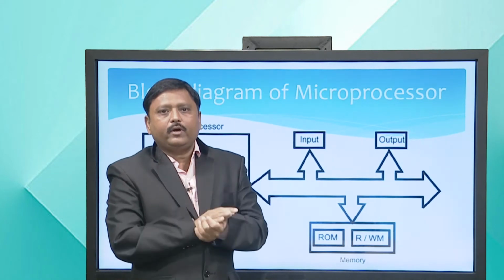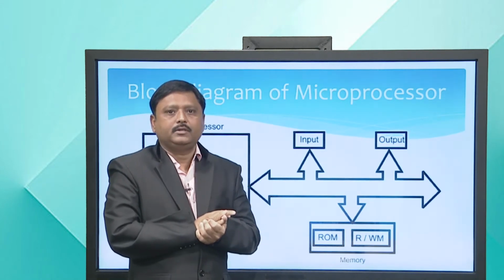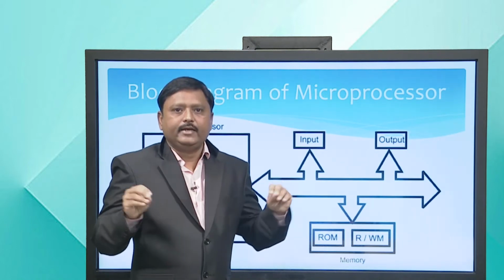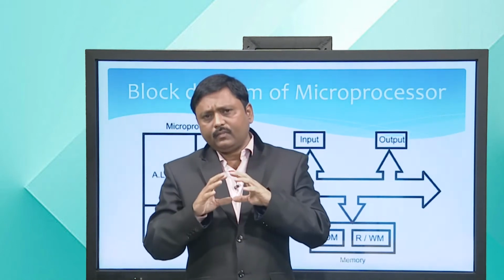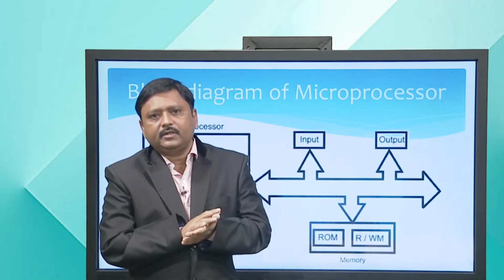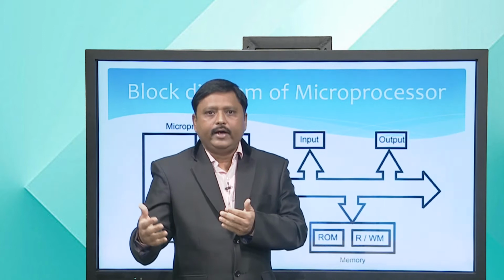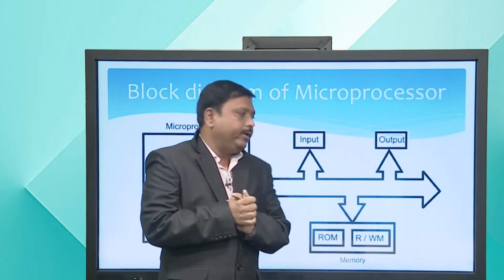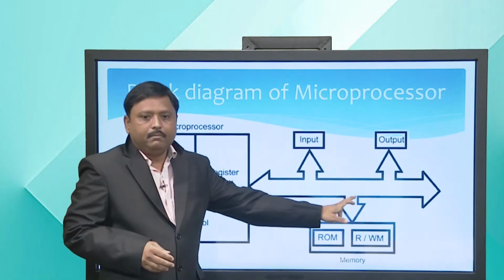The third important component is called system bus. Basically, a bus is a wire which carries data and signals. There are three types of bus: address bus, data bus and control bus. You can see here this is a bus.